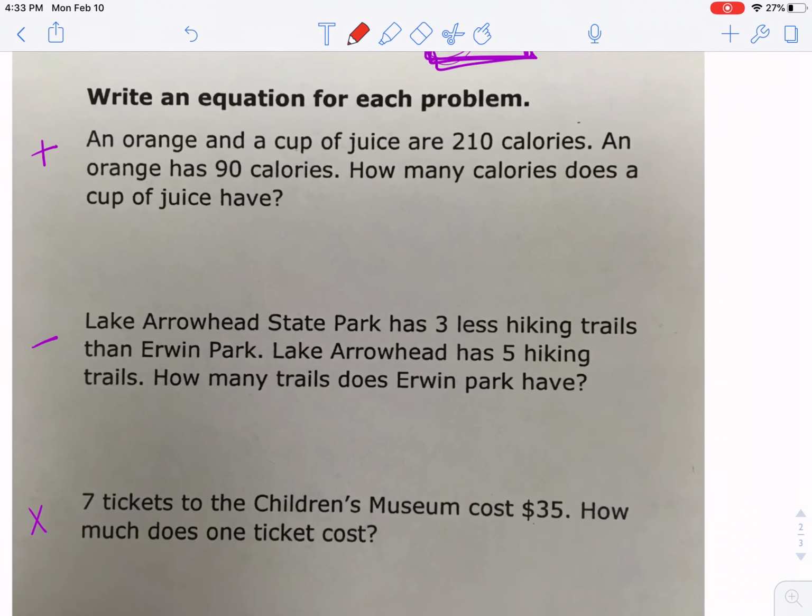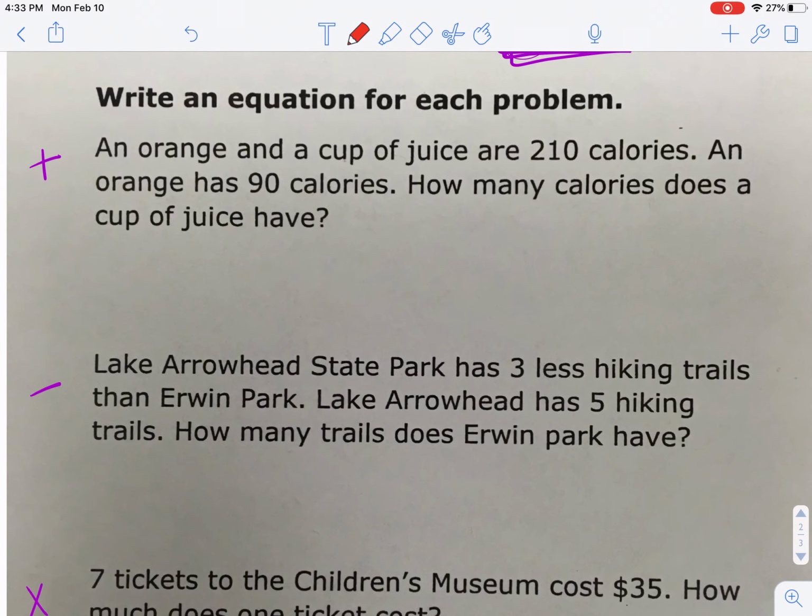So here we have an orange and a cup of juice are 210 calories. And "are" is another word for the word "is". It means equal. So we have an orange, and means plus, a cup of juice, equals 210 calories. An orange has 90 calories, and it wants to know how many calories the juice has.